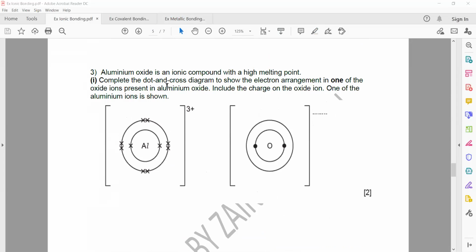In question 3, aluminum oxide is an ionic compound with a high melting point. Complete a dot and cross diagram for one oxide ion present in aluminum oxide. So in practical terms, what happened?